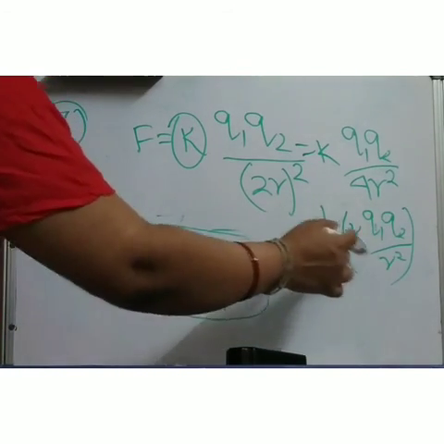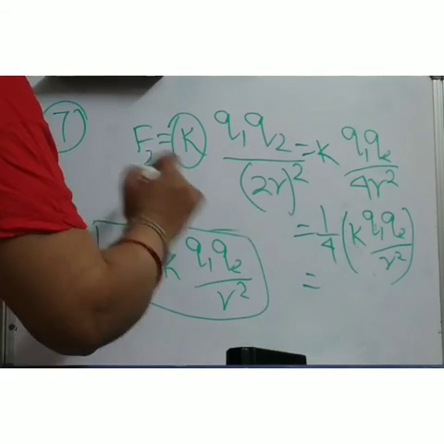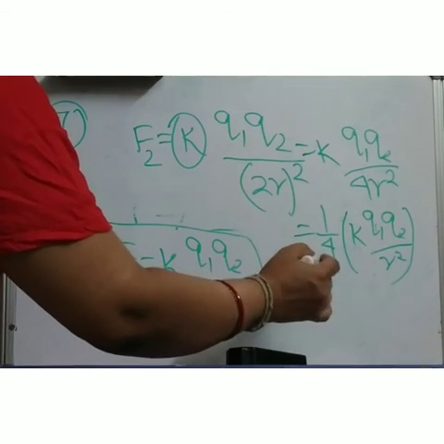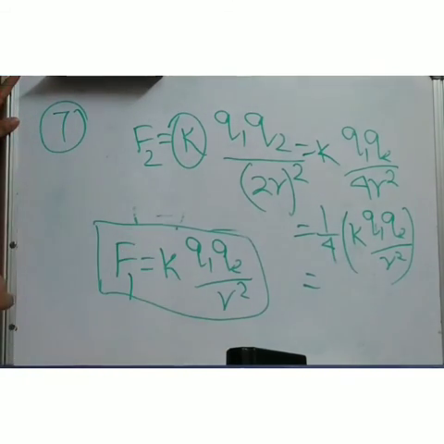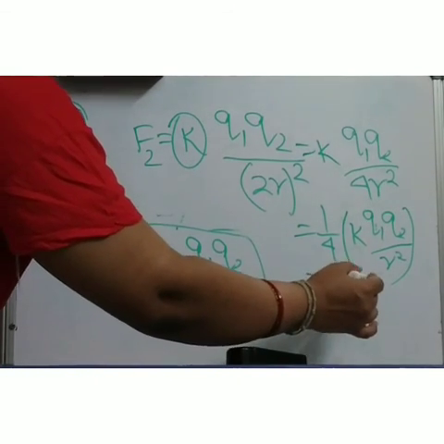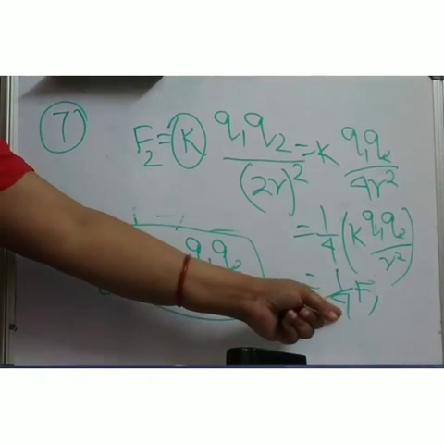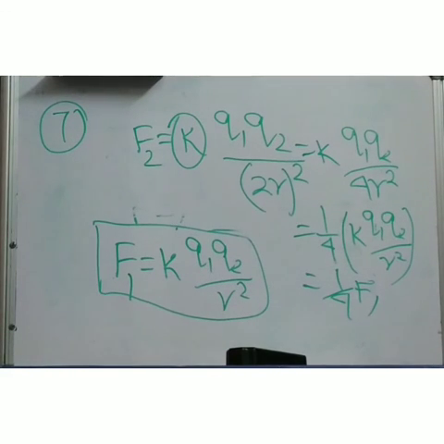This is your original F, take it as the initial F1, and this is your second case. So now it will become 1 by 4 of F1. That means your force of attraction is reduced by 4 times. Okay, is it clear?